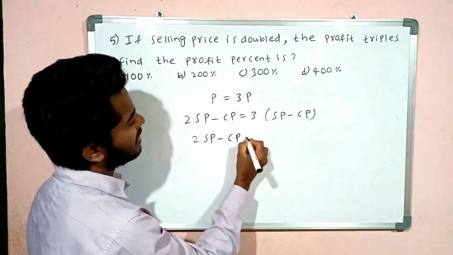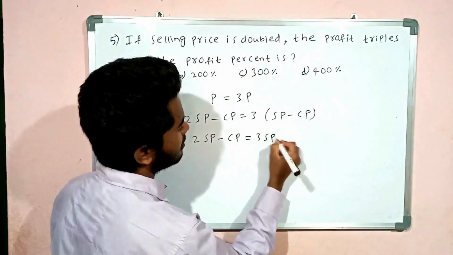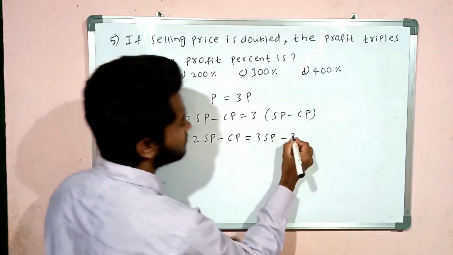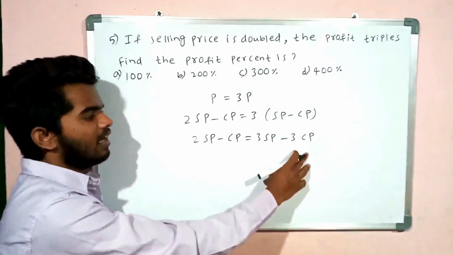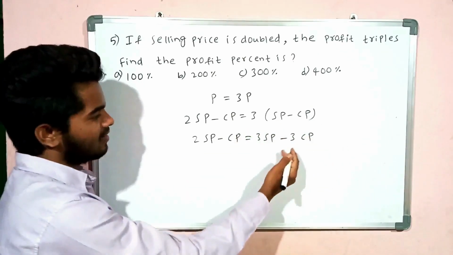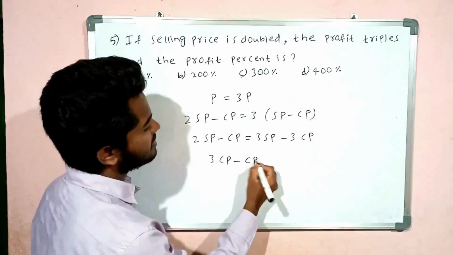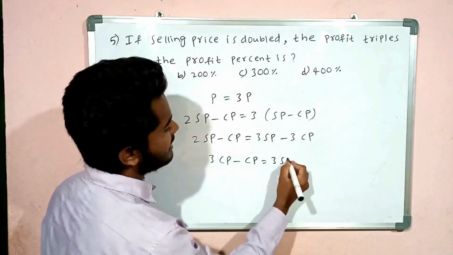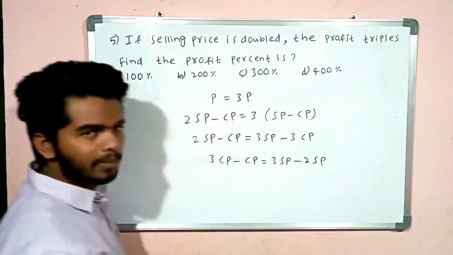2 selling price minus cost price equal to 3 into selling price minus 3 into cost price. So the cost price is on the left side and the selling price is on the right side. 3 cost price minus cost price equal to 3 selling price minus 2 selling price.